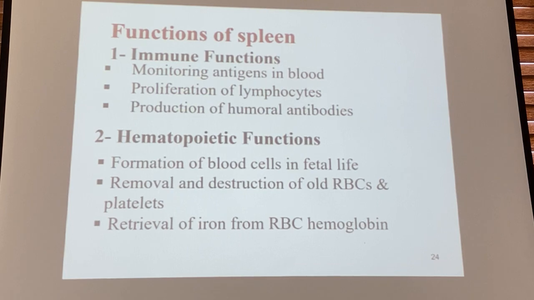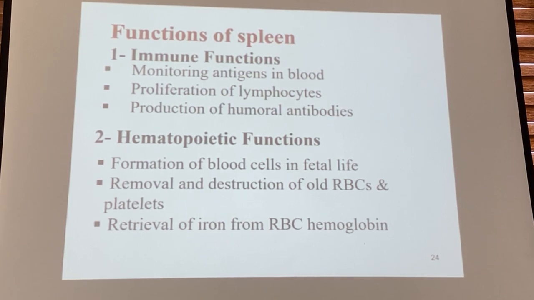The B lymphocytes, when they enter the spleen, will differentiate into plasma cells. The plasma cells produce what? Antibodies. So humoral immunity means production of antibodies. These are the immune functions of the spleen.